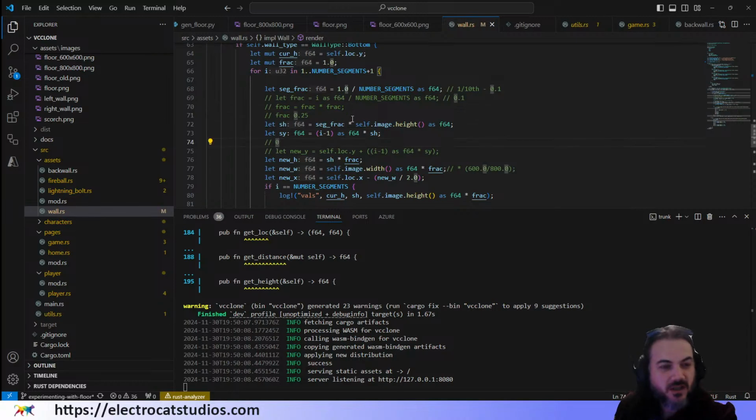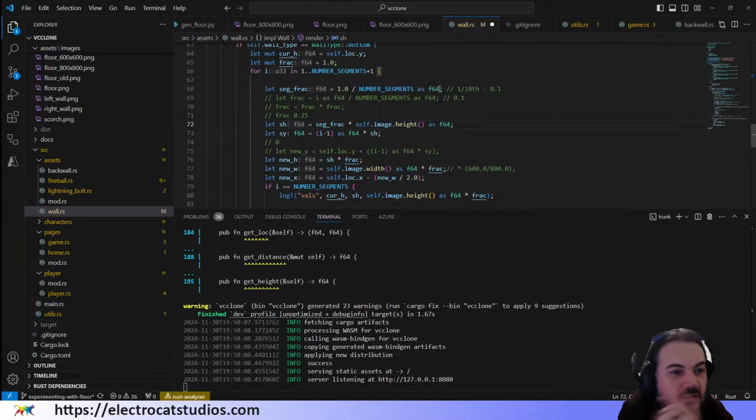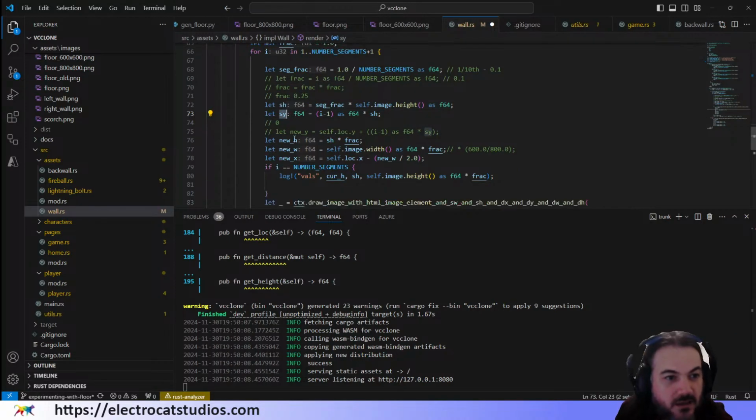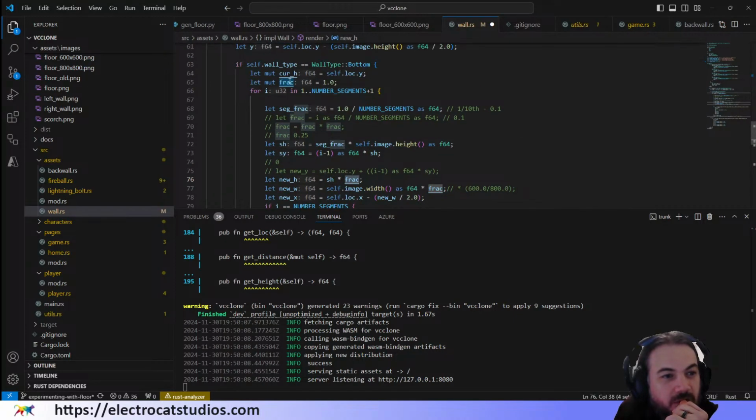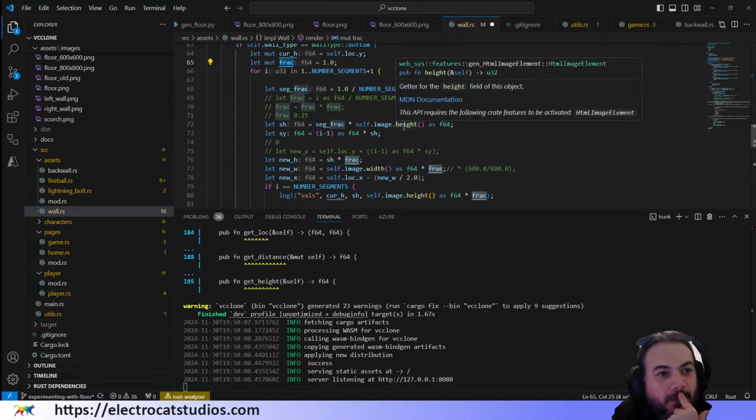So the height needs to be whatever the regular height would be. I think the chopping code, start height and start y, they're calculating correctly. And then the new height is where we get the fraction from. Where does frac come from? Okay, we were subtracting. Okay, yeah.